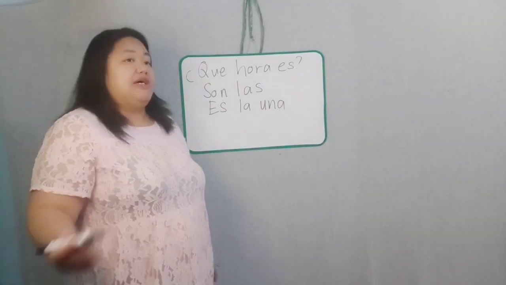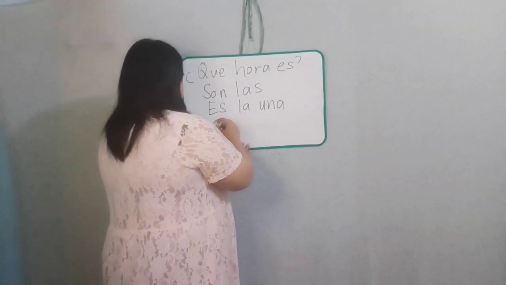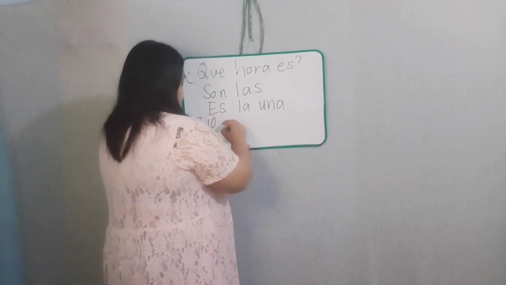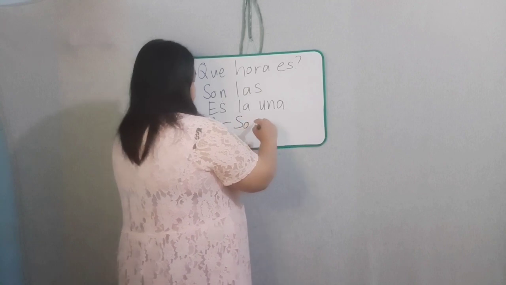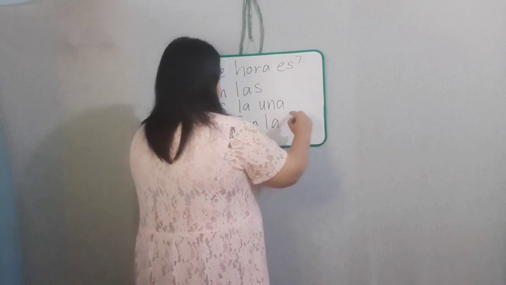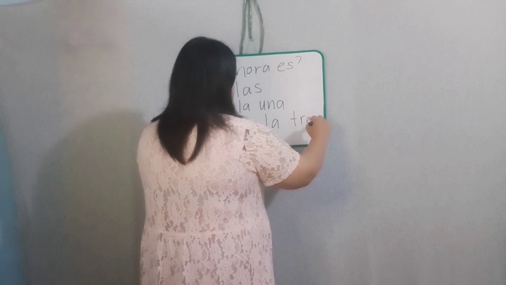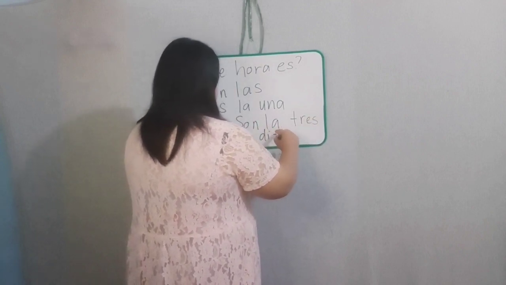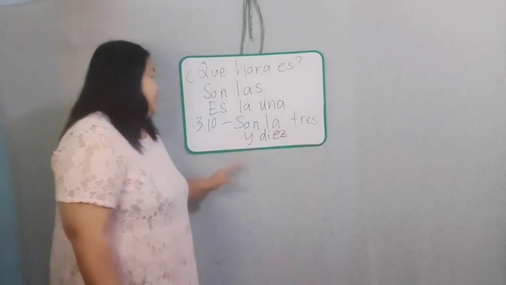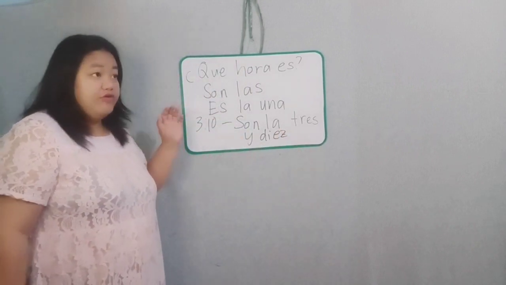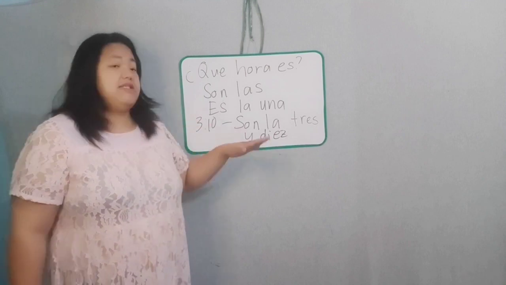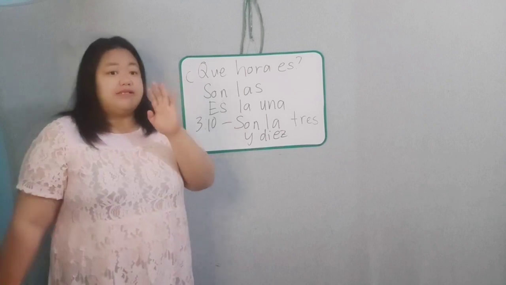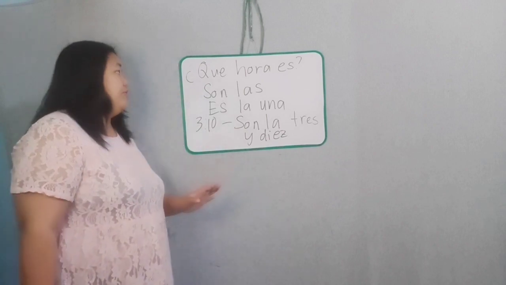So for example, 3:10 would be son las 3 y 10. So that's 3:10 in the afternoon or in the morning. So that's how you read the first 30 minutes of your hour.